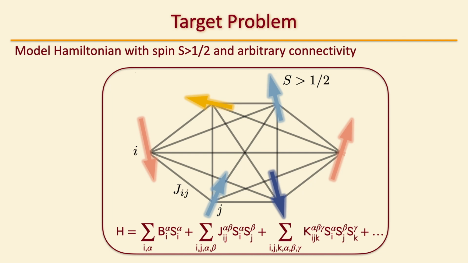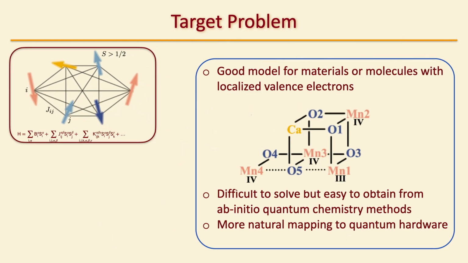Okay, so here is an example molecule that embodies all of what we want to do. This is a very good model for materials or molecules, in this case, for which a model Hamiltonian exists. The quantum chemists have worked on this already. And this is a good example because it is easy to obtain as a model Hamiltonian, but it's very difficult to solve.